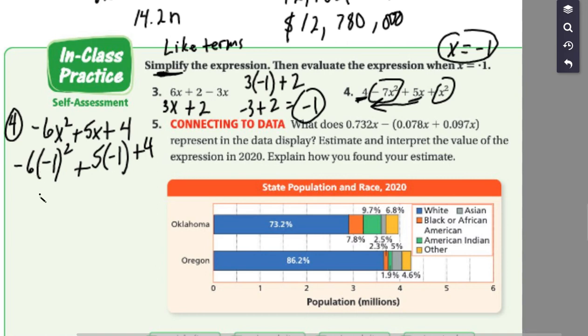So negative 6 times 1 is negative 6. And then we have 5 times -1, which is negative 5. And then we bring down the plus 4. So when we combine those, negative 6 and negative 5 makes negative 11. Negative 11 plus 4 is negative 7.